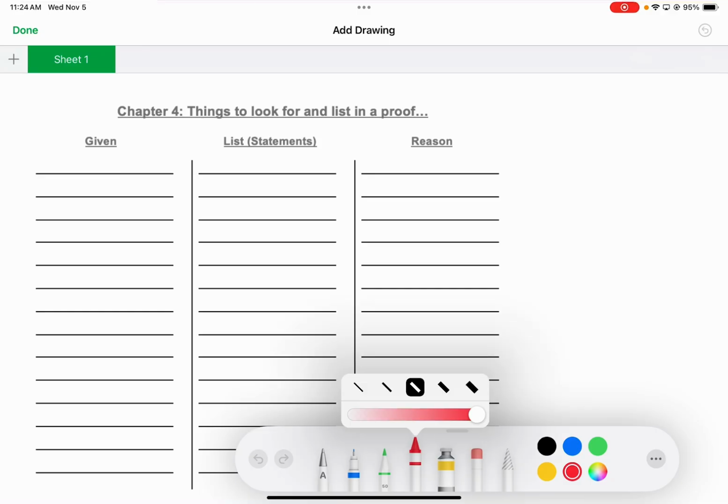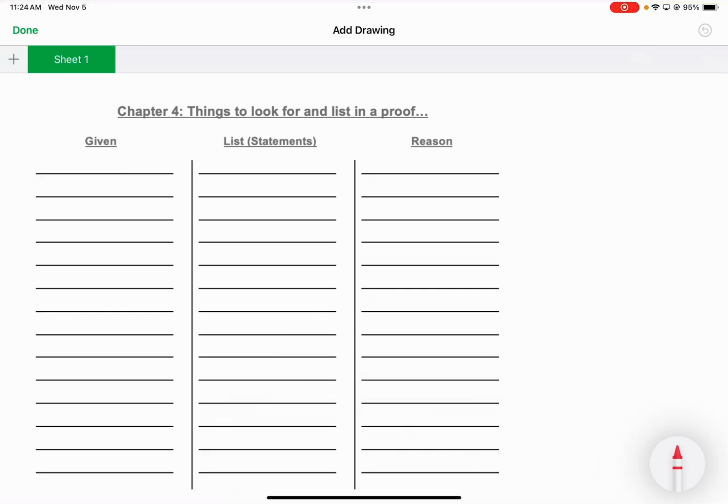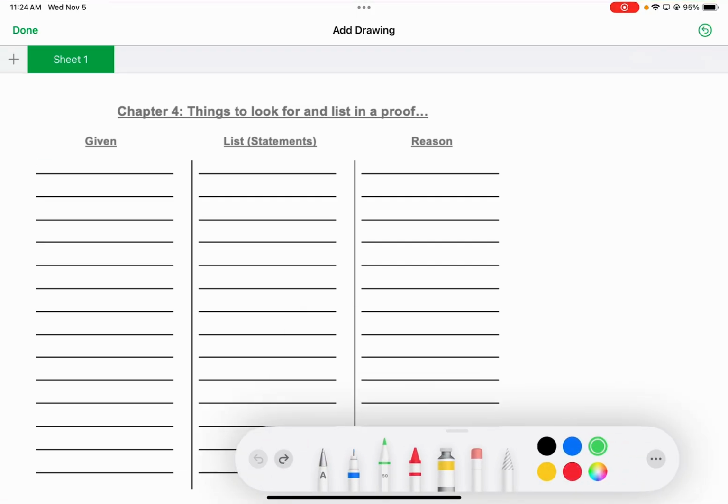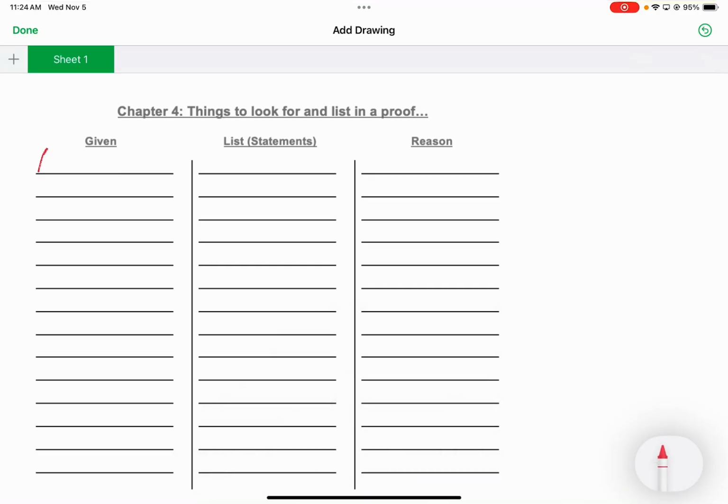All right, so you might be given, let's just say A is the midpoint of BC, okay?